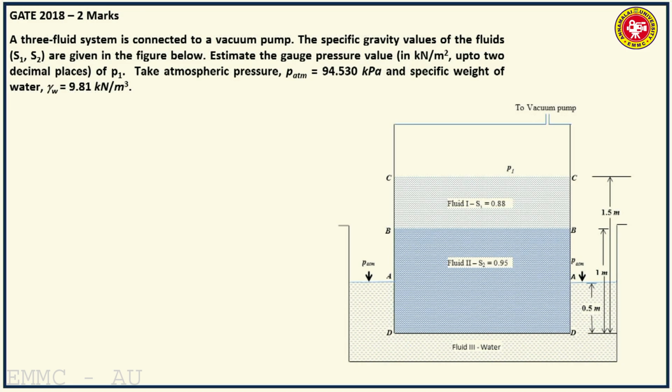So estimate the gauge pressure value up to 2 decimal places of P1, that is at the surface of fluid 1, which is connected to a vacuum pump. See, atmospheric pressure can be taken as 94.53 kilopascals and specific weight of water as 9.81 kilonewton per meter cube. This figure is given, and fluid 3 is water.